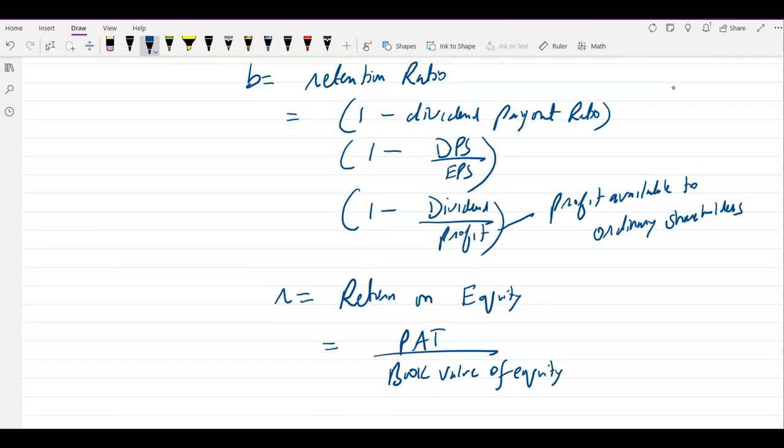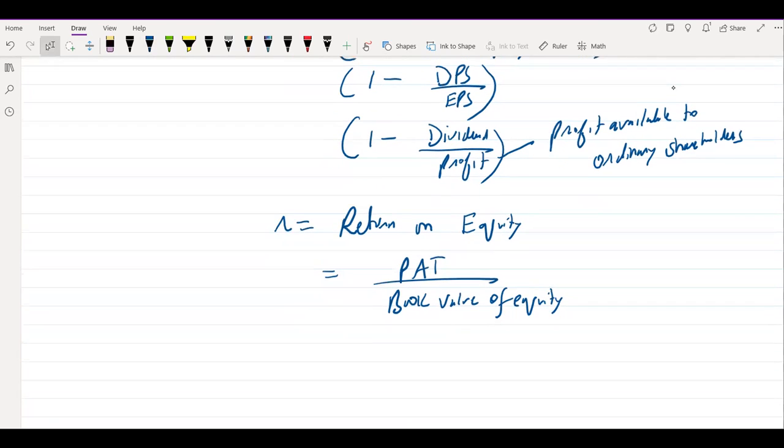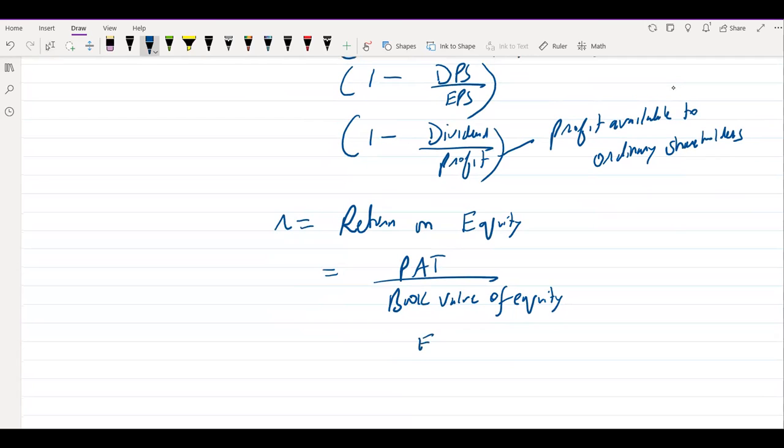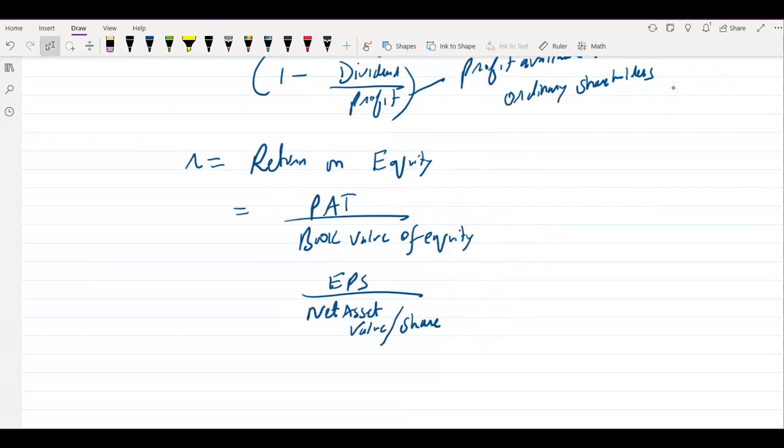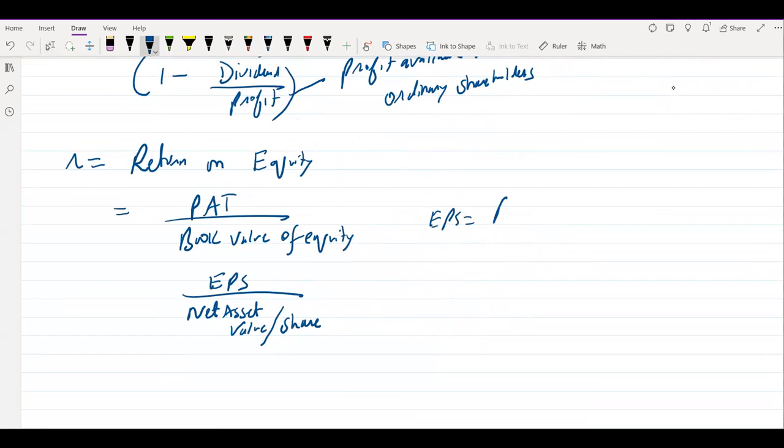There could be another version: profit after tax, that is earnings per share, divided by net asset value per share. Remember, what is EPS? Profit available to ordinary shareholders divided by number of shares. What is net asset? Equity is net asset. And what is net asset per share?